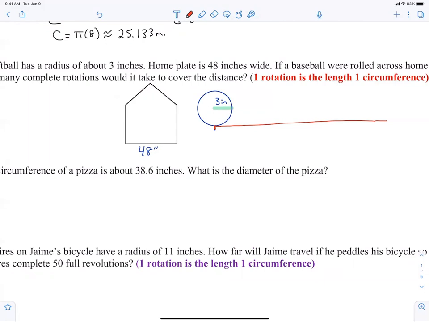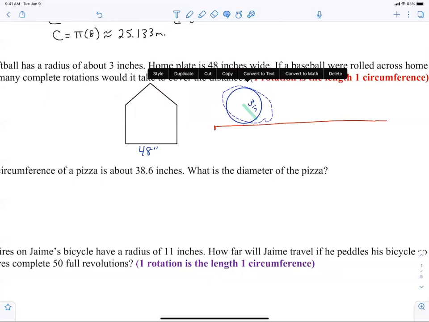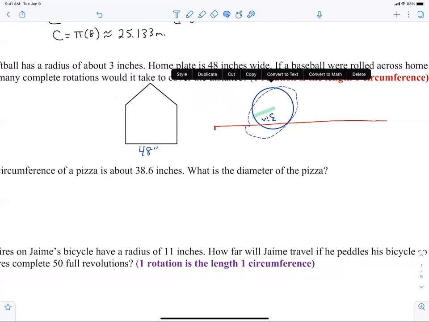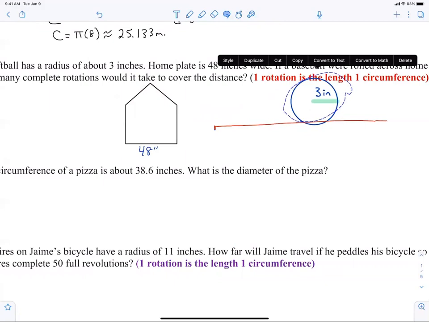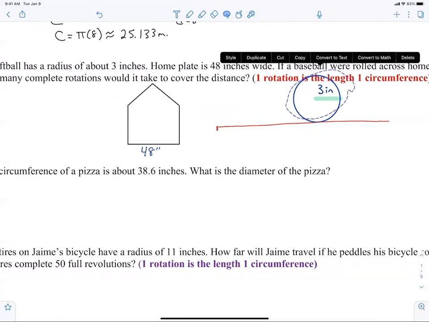If I roll the ball, and I'm literally going to roll the ball 1 time around. So as I'm rolling it, there's 1 time. I just rolled it 1 time. The question is, how far did it go?